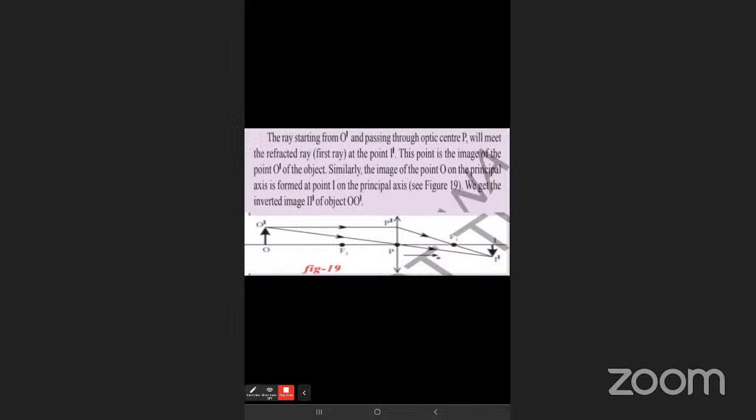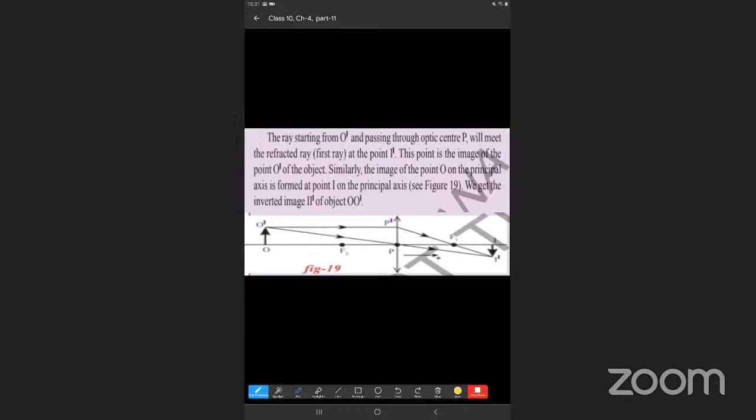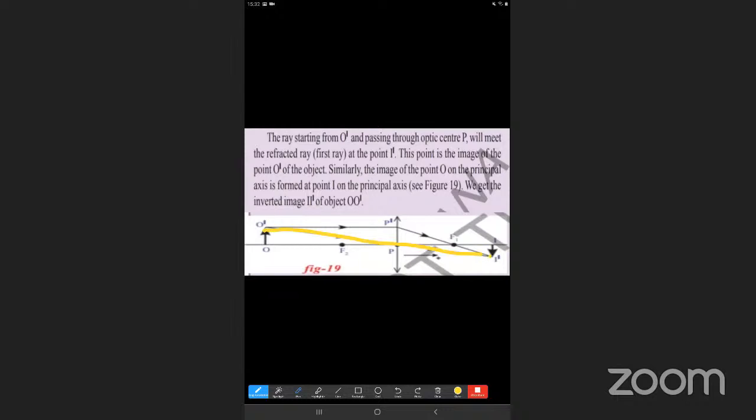The ray starting from O dash and passing through the optic center P will meet the refracted ray at the point I dash. So this point is the image of the point O dash of the object. Similarly, the image of point O on the principal axis is formed at point I on the principal axis.